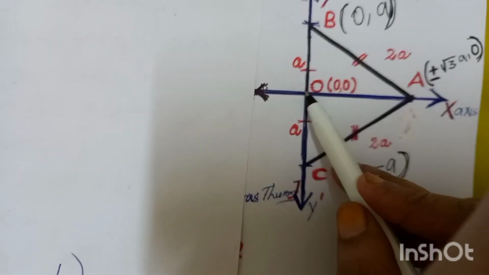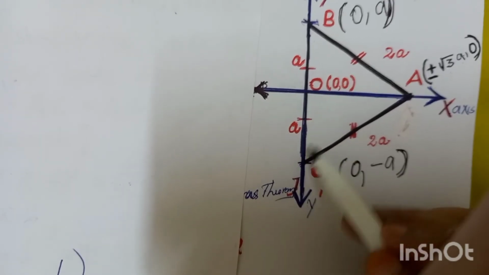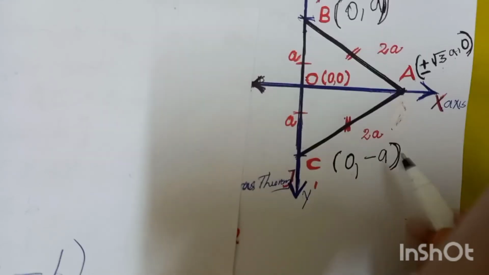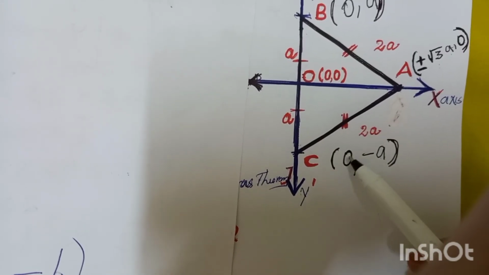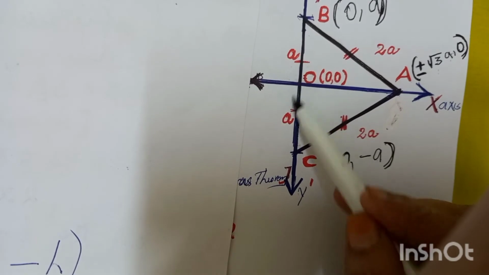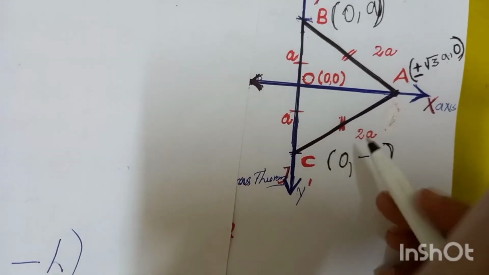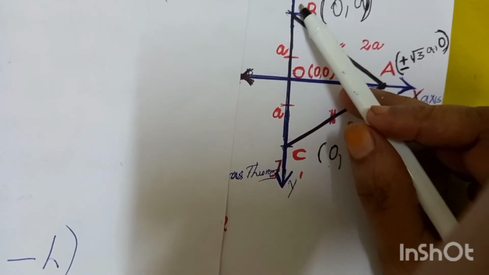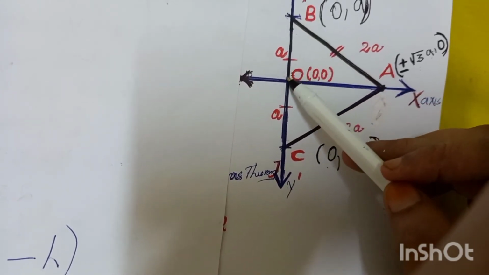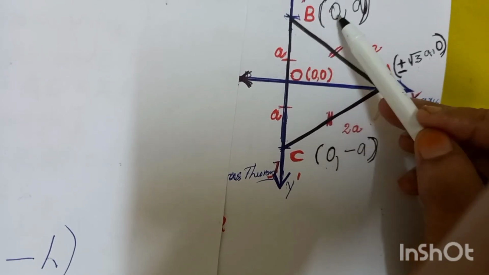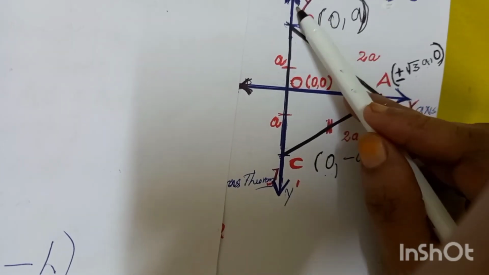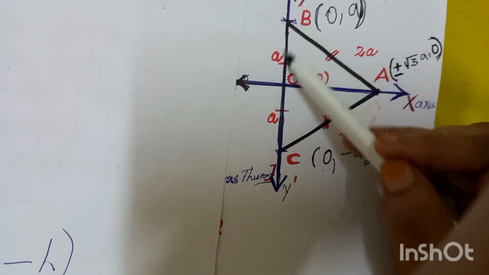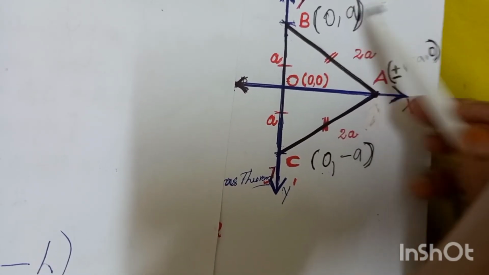Why? This point is below the x-axis, so we are taking it as minus a, and C lies along the y-axis, so its x-coordinate is 0. B lies along the y-axis, so its x-coordinate is 0, and B lies above the x-axis, so its y-coordinate is a.